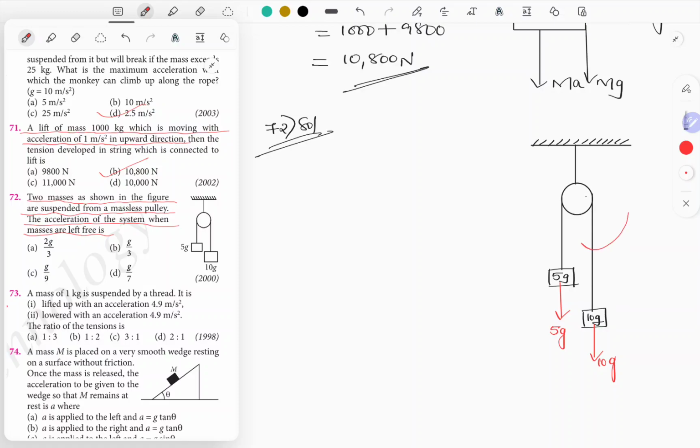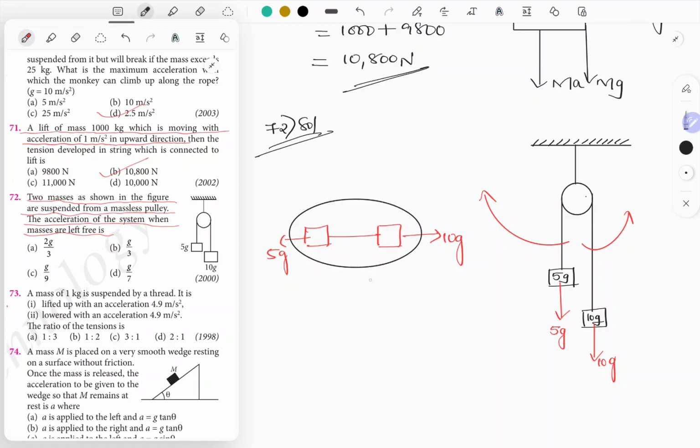I told you, use the trick here: you stretch the system along the horizontal direction. Now this is going to be 5g, and on the right side it is going to be 10g. As 10g is greater than 5g, the system will accelerate towards the right.